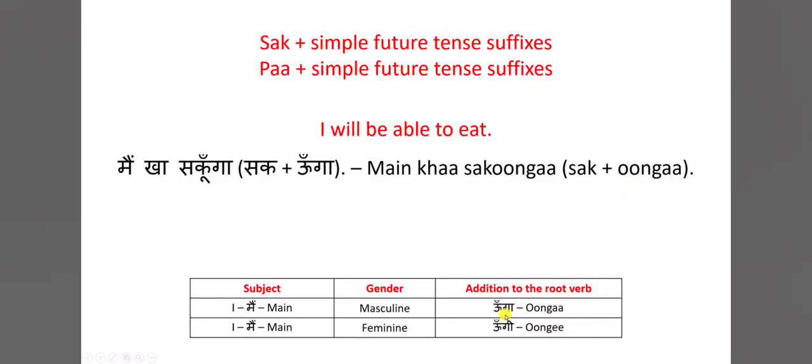Because unga is the simple future tense suffix for the subject मैं.